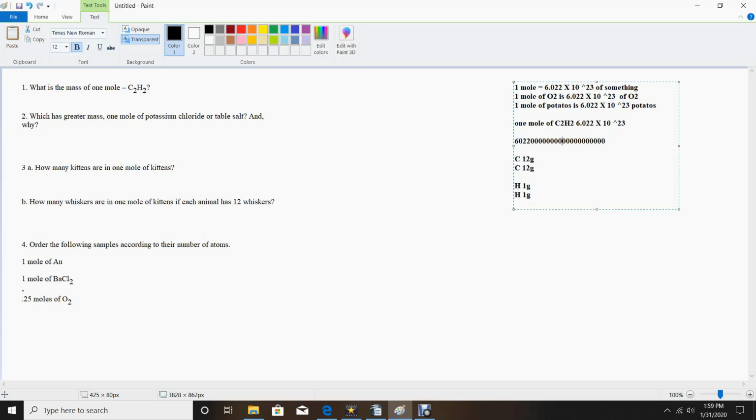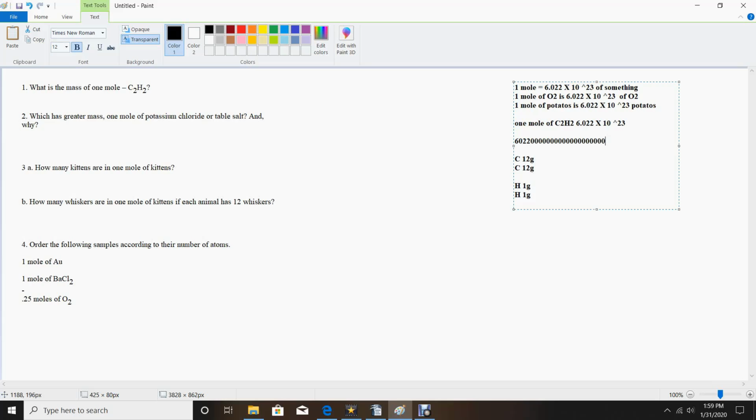Now, I might have missed a 0 in there. 1 mole of C2H2 is this many molecules of C2H2. Our question is, what is the mass of this many molecules of C2H2?